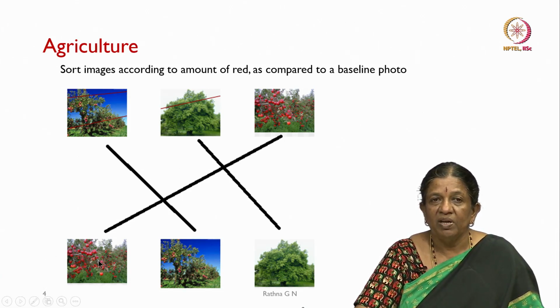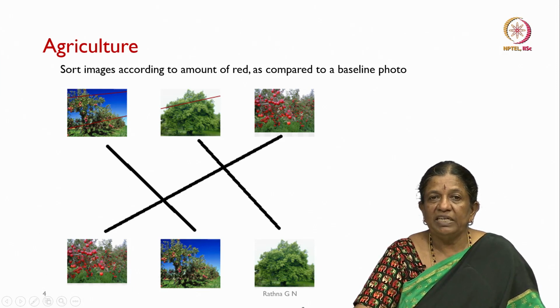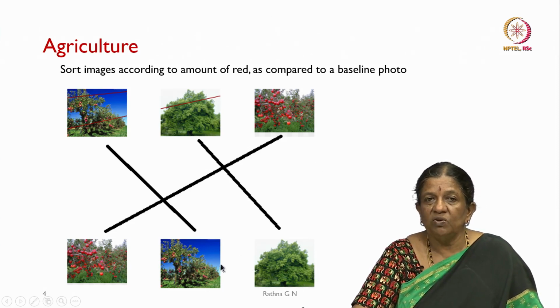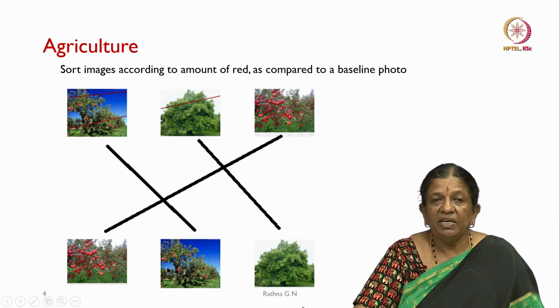Later you know how long it will take for this tree to get more ripened, and here you are not seeing any red, so you know that the fruits are not ready. So, you can predict and go only to those places to pluck, so that you will be saving some of the farmers' time.